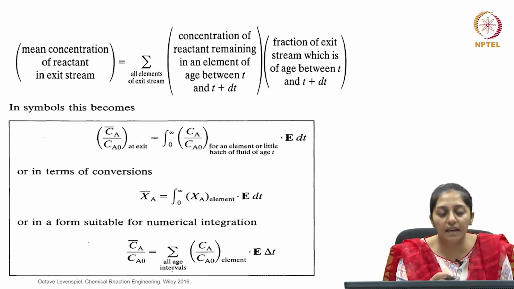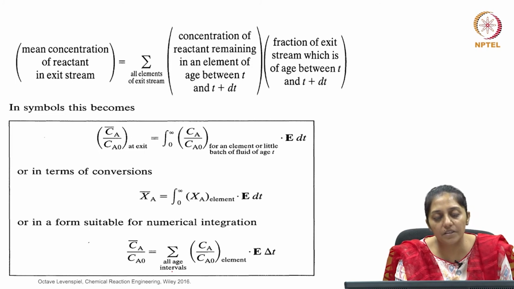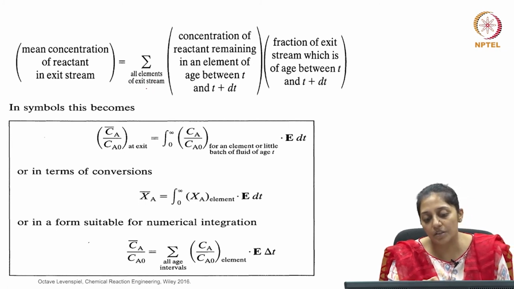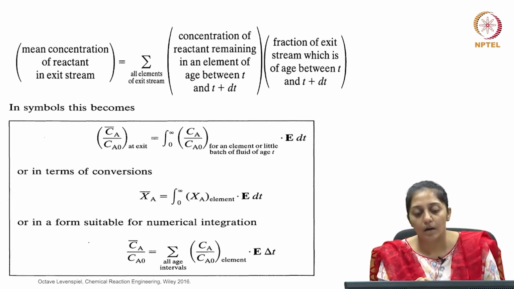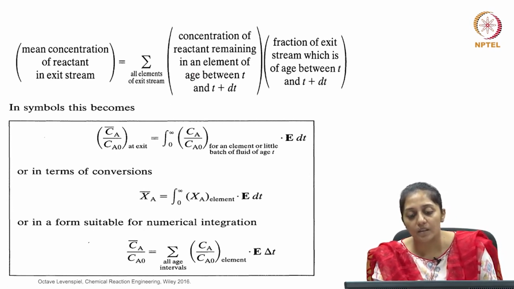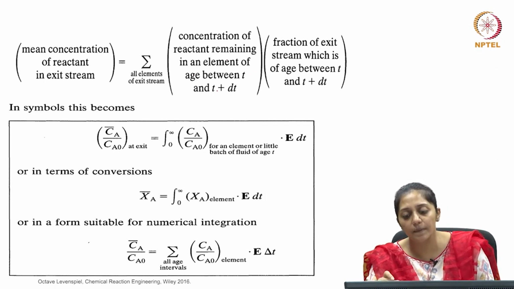Now, let us say it is reacting. So mean concentration of the reactant in the exit stream will be equal to the summation over all the elements of the exit stream of the concentration of the reactant leaving in an element of age between t and t plus dt, and the fraction of the exit stream which is of age between t and t plus dt.